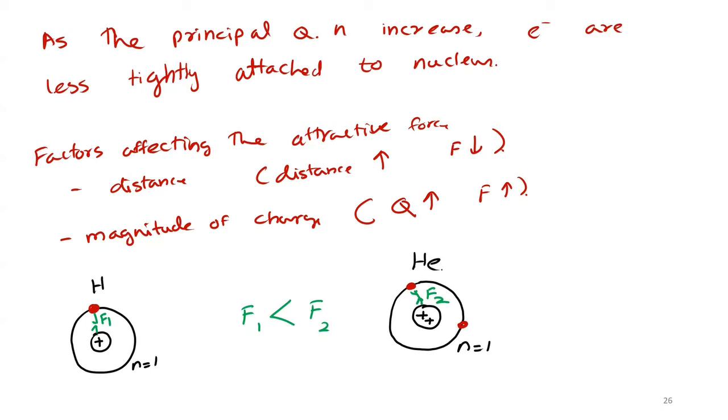Why? Because helium has a larger magnitude of charge in the nucleus. In the nucleus, it has a 2+ charge. So it has a stronger nuclear charge that will more strongly hold the electrons of helium.